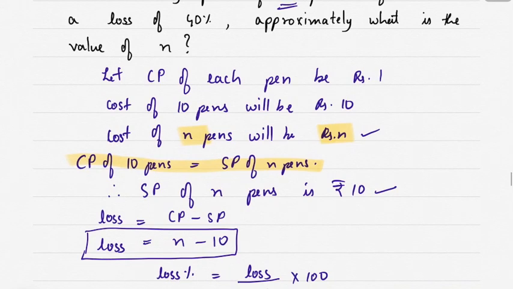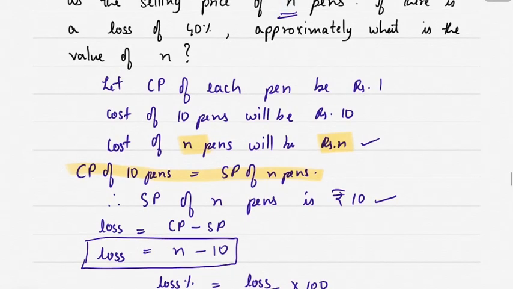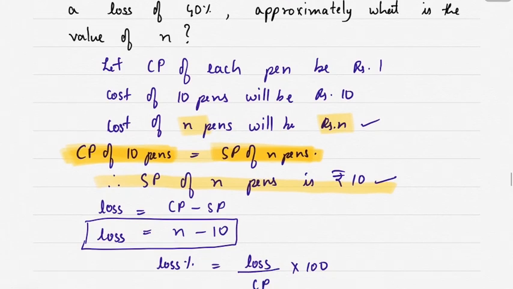Okay. Now you know cost price of 10 pen is equal to selling price of n pen. Cost price of 10 pen is 10 rupee. That means selling price of n pen is 10 rupee. Selling price of n pen is 10 rupees and cost price of n pen is n rupees.